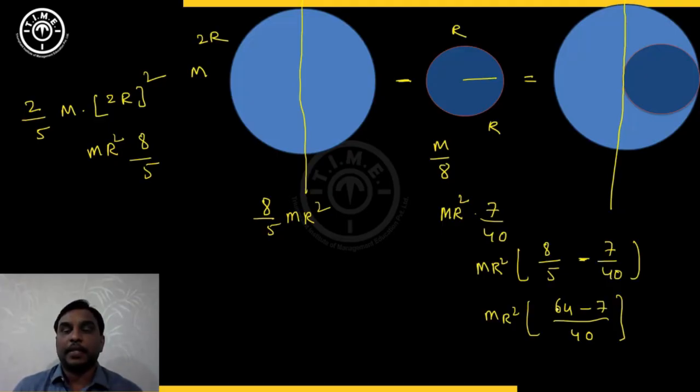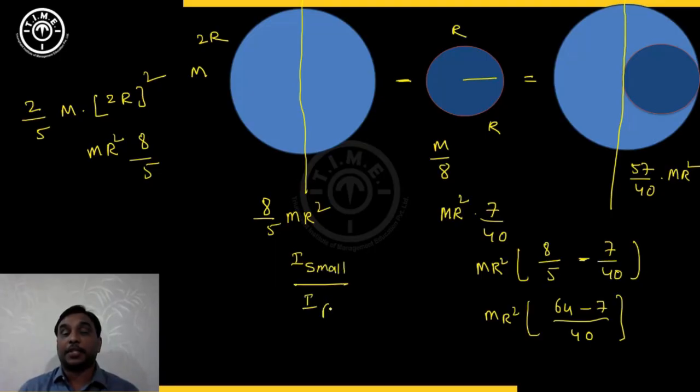So what is the moment of inertia of this? 57 by 40 m r square. What he asked? He asked the moment of inertia of the smaller sphere to that of the moment of inertia of the rest sphere.